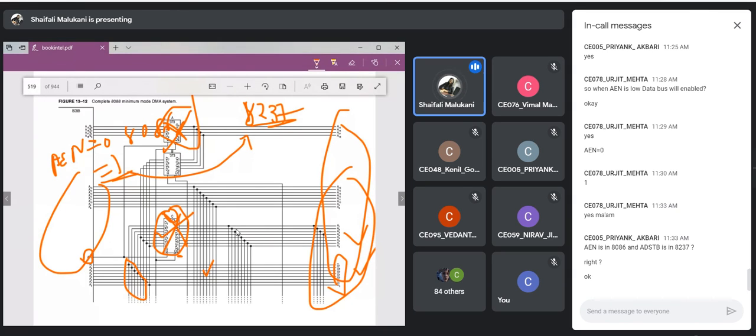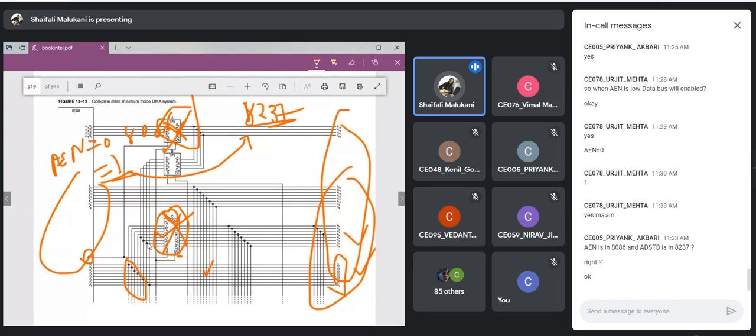Now, one more question is there. What about this B latch? This B latch is an additional one that is connected with your data lines. If you want to send some data to the higher address lines, this type of latching is done from D0 to D4.